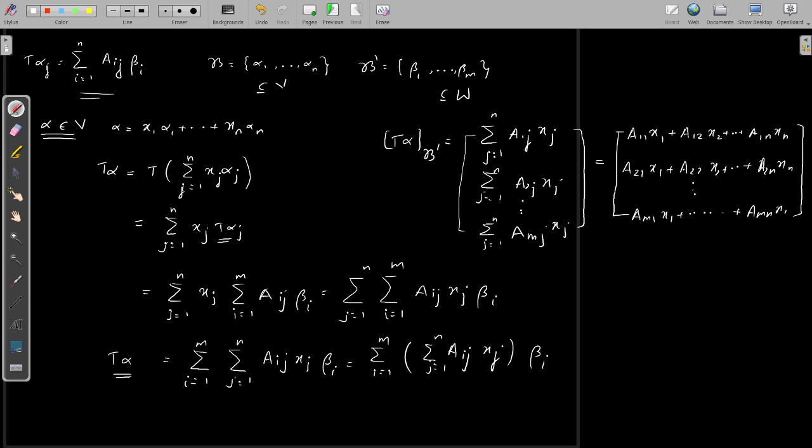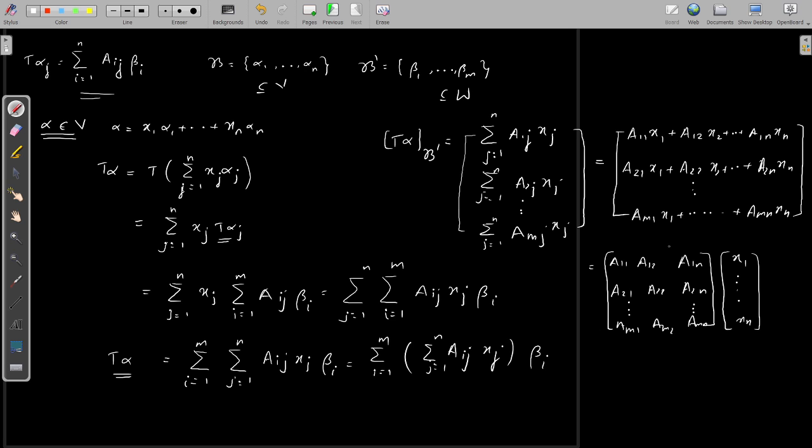amn xn. Now you can write this as the matrix A times x1 etc. xn. So this matrix A can be written as a11, a12, etc. a1n, a21, a22, a2n, etc. The last row will be am1, am2, etc. amn.